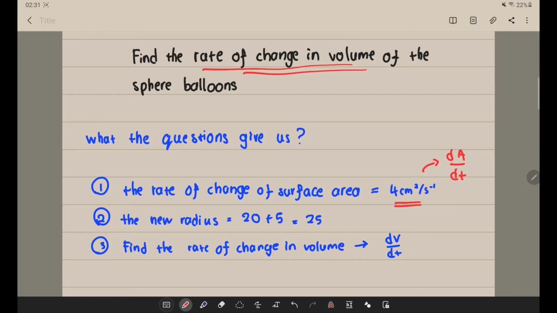Then we have the new radius, which is 25 cm, because the old radius is 20 and Alia said that she wants to add 5 cm more to the radius of the balloon. Therefore, we have 25 cm as the new radius. Next, the question asks us to find the rate of change in volume, which is dV over dt.